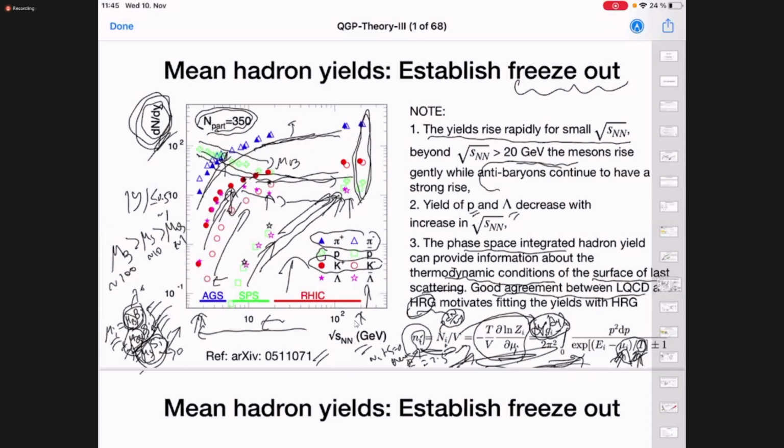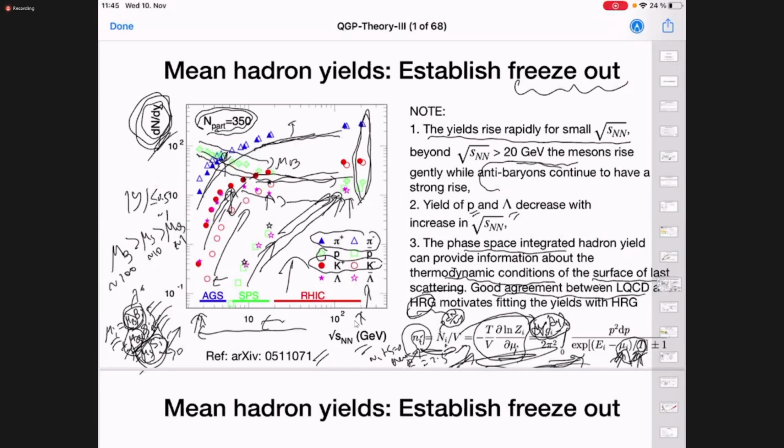Can I make a comment? I think what we measure in experiment is this triple differential invariant cross section, d2N by d2pT dy. You integrate over the transverse direction, the entire pT coverage, and what you are left with is your dN by dy in the experiment.